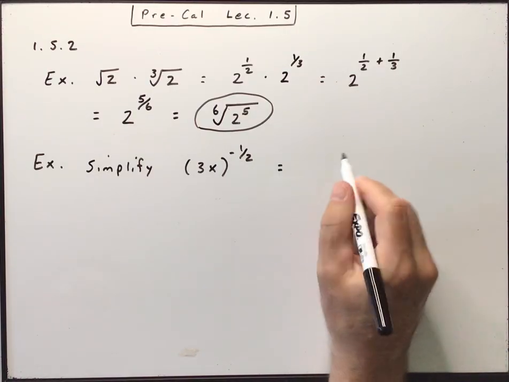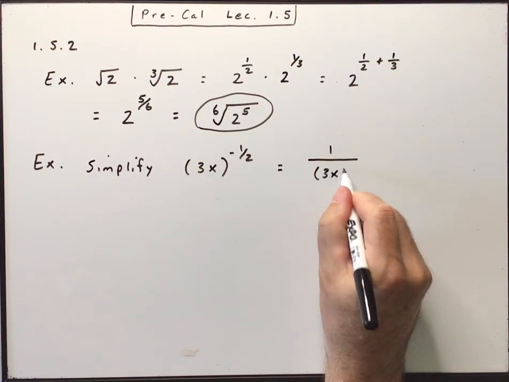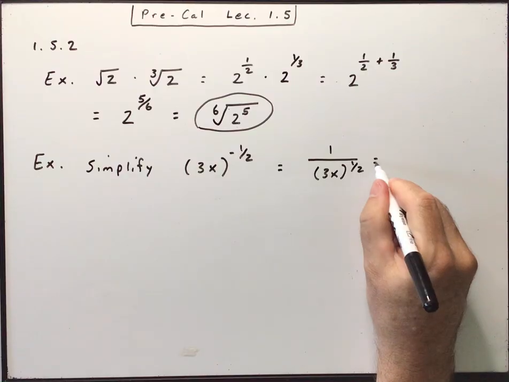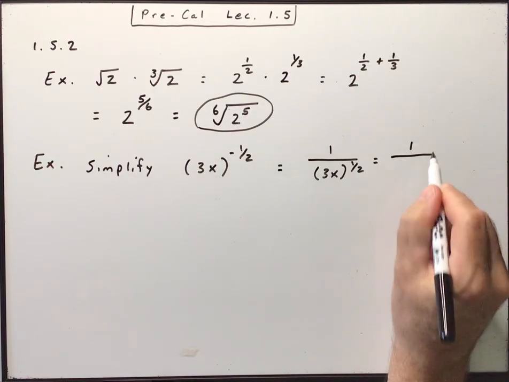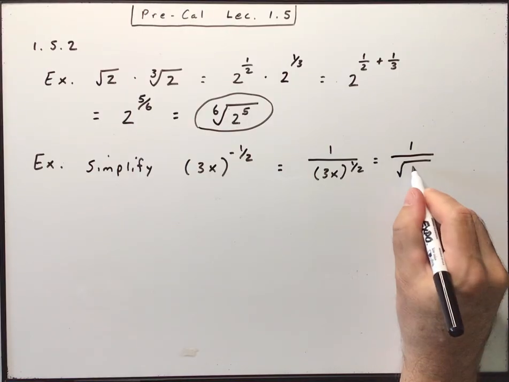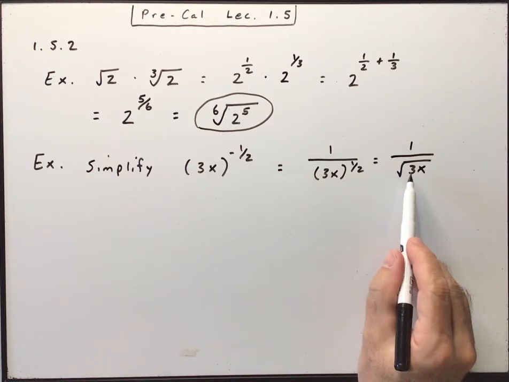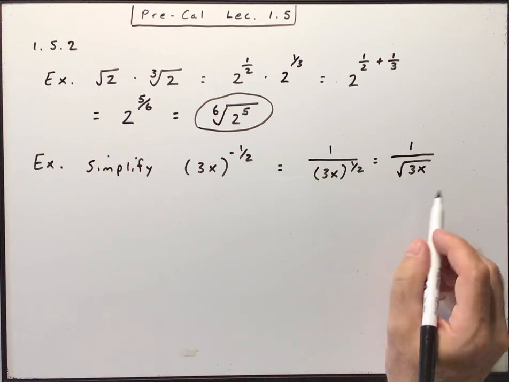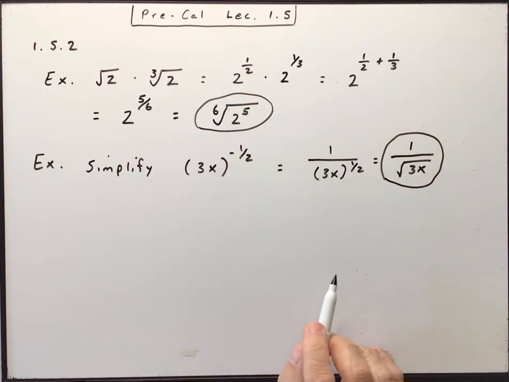So that's going to be 1 over 3x to the 1/2 power. And then we can rewrite anything to the 1/2 power with a radical, that would be 1 over the square root of 3x. Now, some mathematicians don't like you to have a radical in the denominator, and they want you to get rid of that radical, and we'll go over how to do that soon.